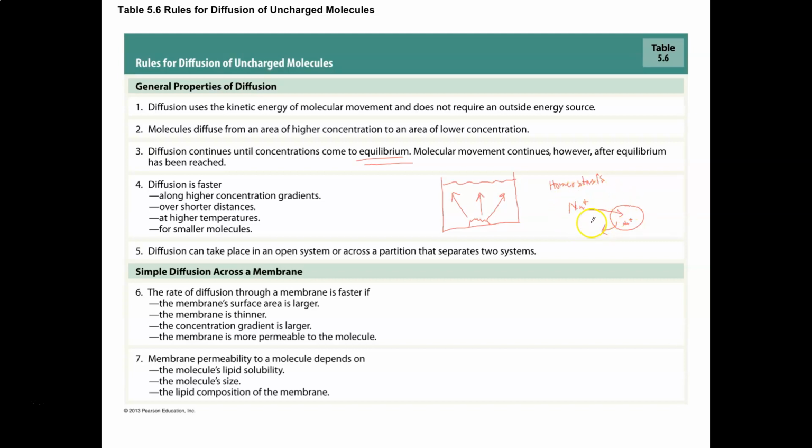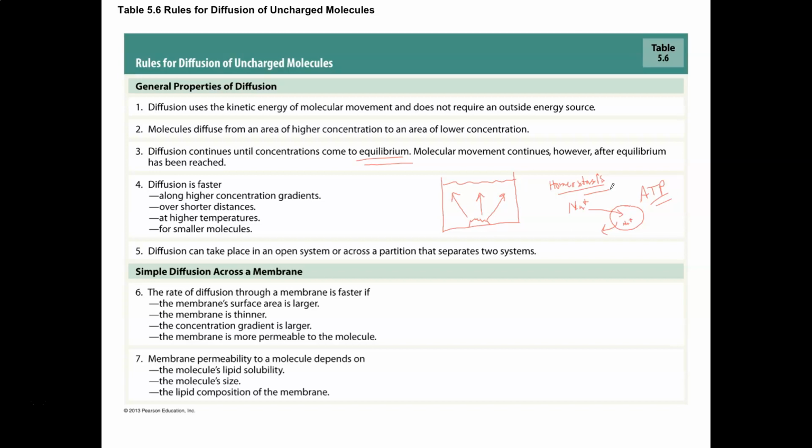So we have homeostasis of sodium, but if we didn't spend ATP energy, then the sodium would diffuse to equilibrium, because that is a property of diffusion. But because we spend energy to maintain homeostasis, we don't see that equilibrium take place. So keep that in mind. Homeostasis is not equilibrium, but diffusion will run until it reaches equilibrium.